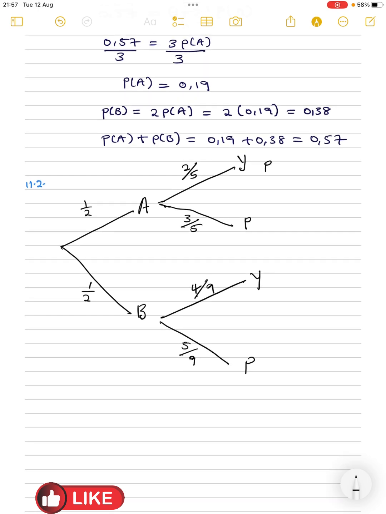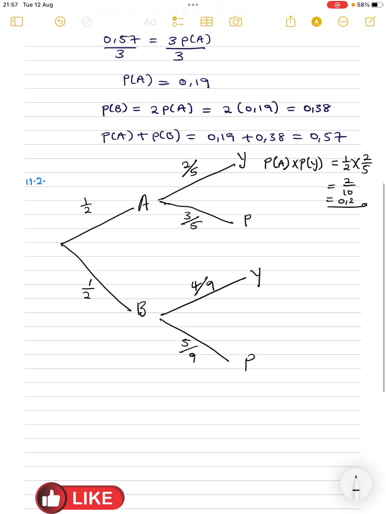So the probability of picking a ball and that ball coming out yellow from bag A is half times 2 over 5, which is 2 over 10, which is 0.2.